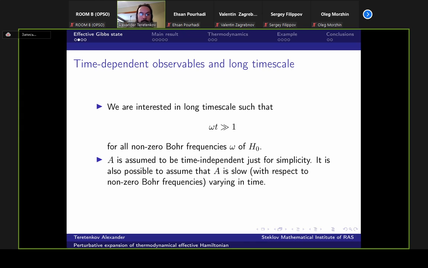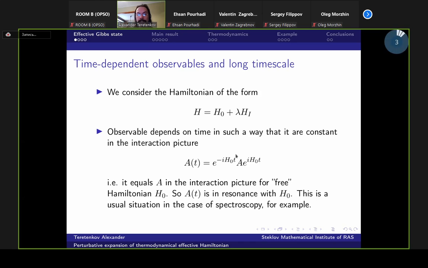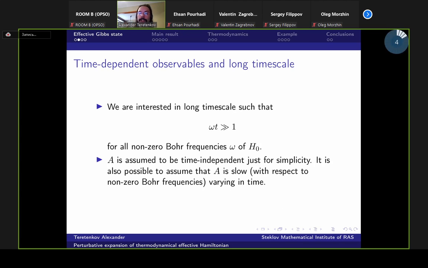And we assume, of course, that A is time independent. So this A in the interaction picture is time independent just for simplicity. It is also possible to add some slow time dependence, for which this condition does not hold.